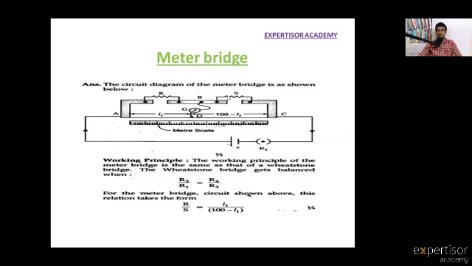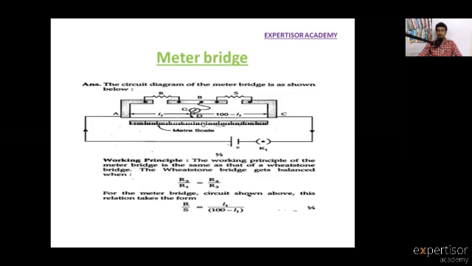Consider capital R and capital S as R1 and R2. So R1 by R2 means R divided by S, that is equal to, see here, this jockey touches the magnet wire from the 0 point of the meter scale up to the end point.